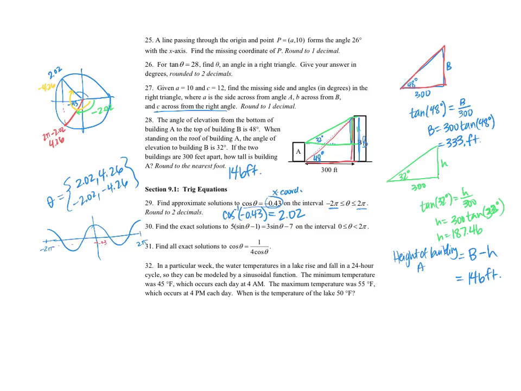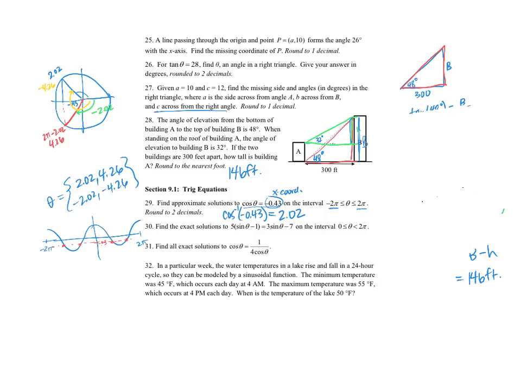And I want to see how many times it hits my graph. There, there, there, and there. And so those are where my solutions are. Those correspond to my 4 solutions that I graphed on my unit circle.